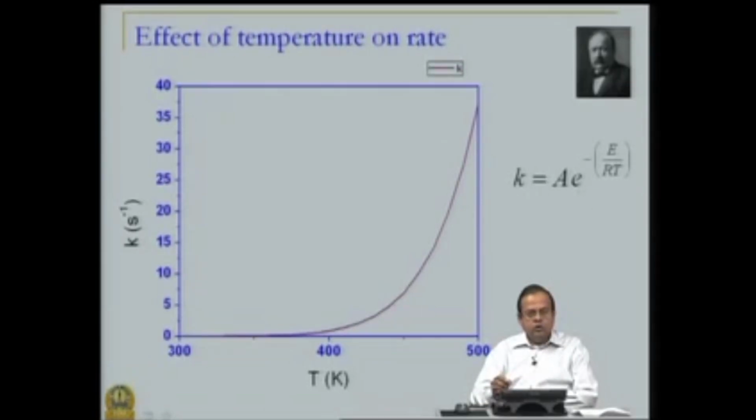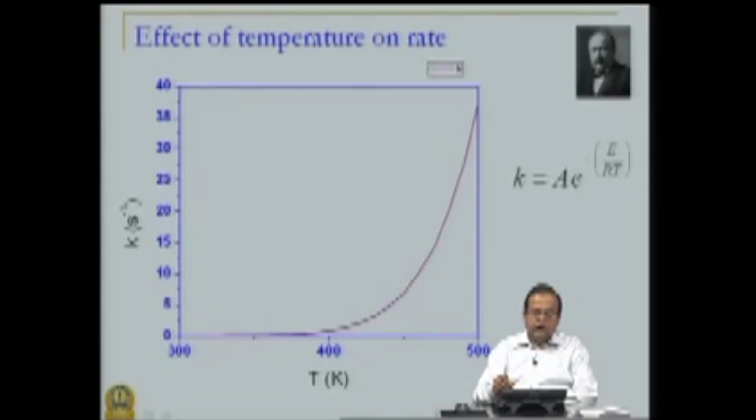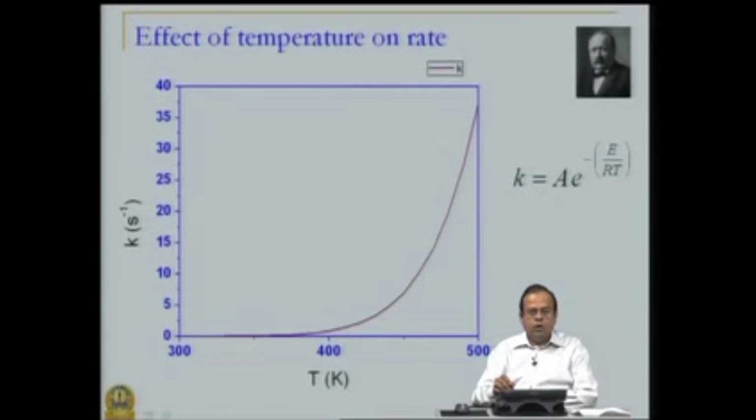Arrhenius, by using the arguments of activation energy, proposed that this relationship can be expressed in the form of k equal to A e raised to minus E by RT.